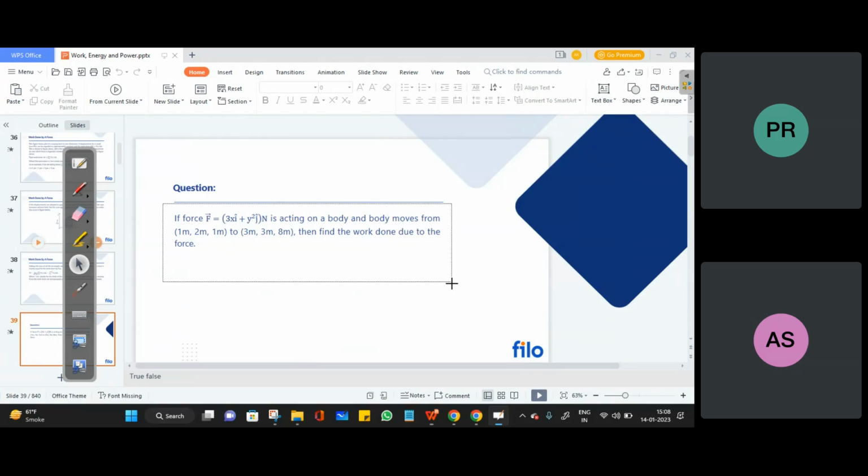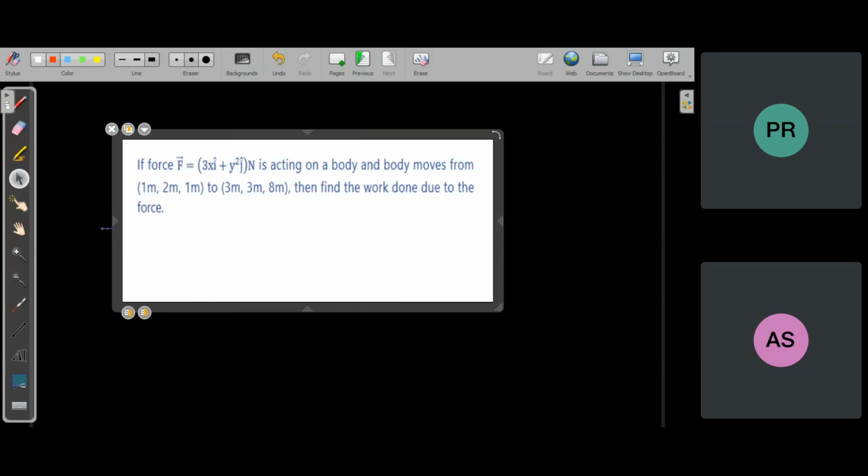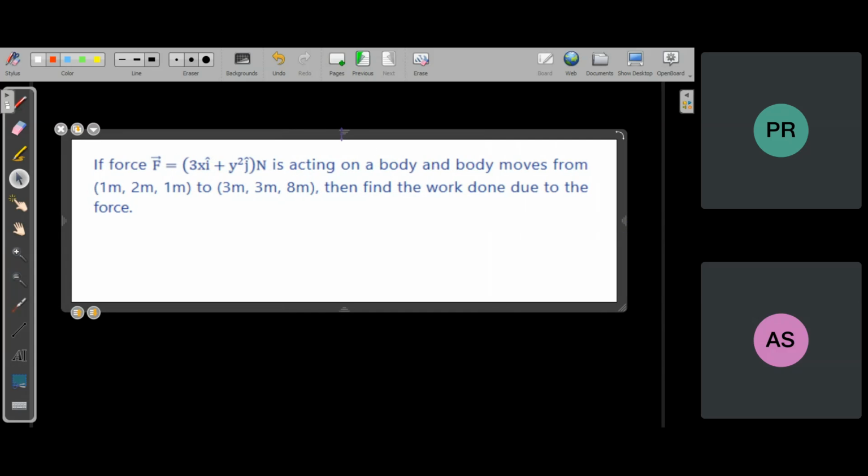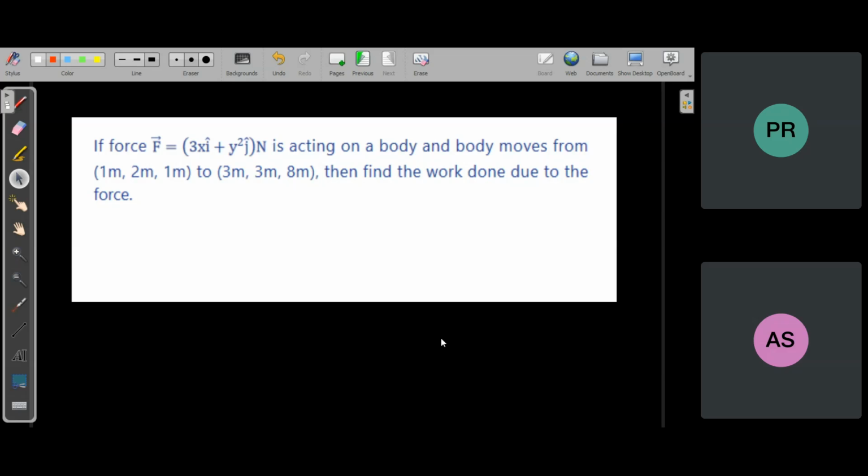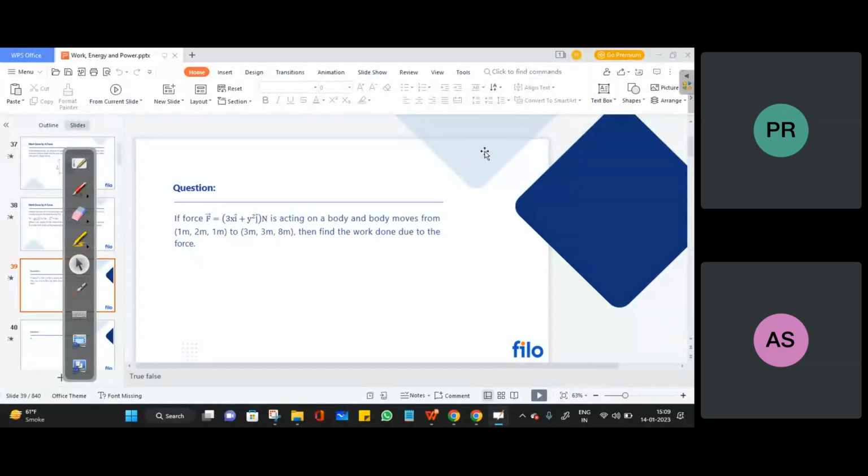Okay. Now try this one. Try this now. So, am I audible now?